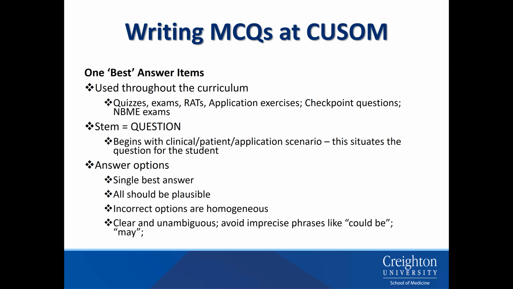We want these questions to begin wherever possible with a vignette, something that puts the question in context and allows the student to understand the point of view of the question. The answer options, as in the previous question I asked about where do you start, there is a single best answer, but all should be plausible.